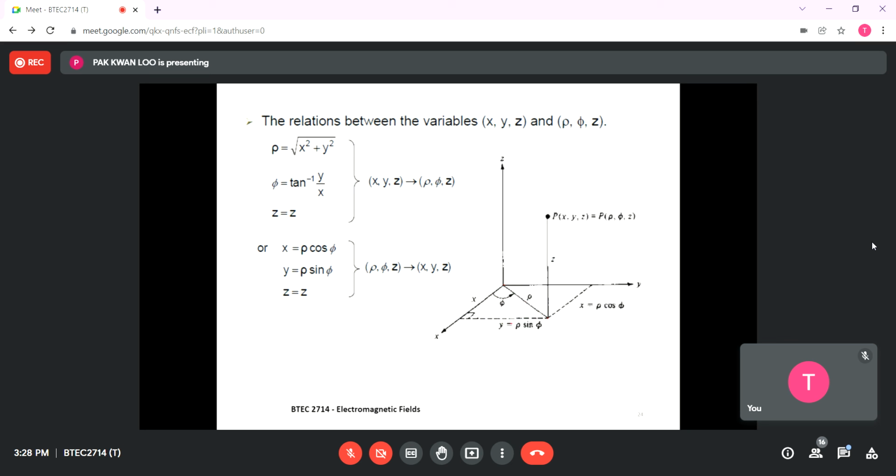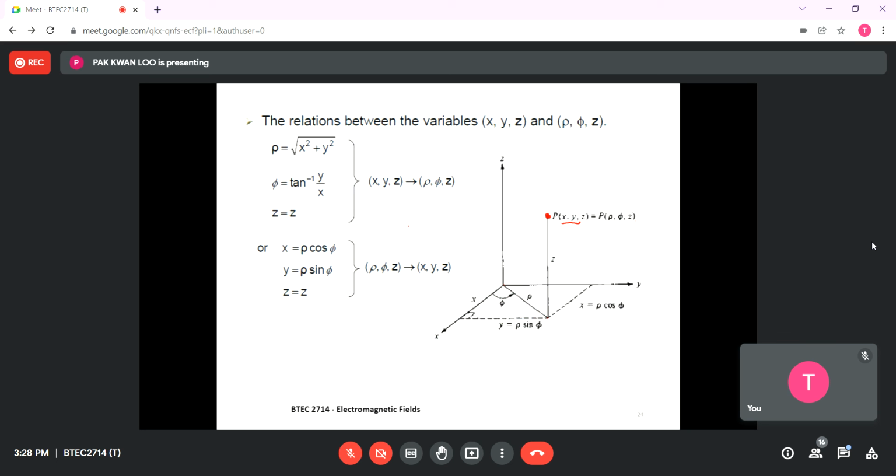So basically, if let's say at this point here, the Cartesian is defined as x, y, z, and the cylindrical is defined as rho, phi, and z.